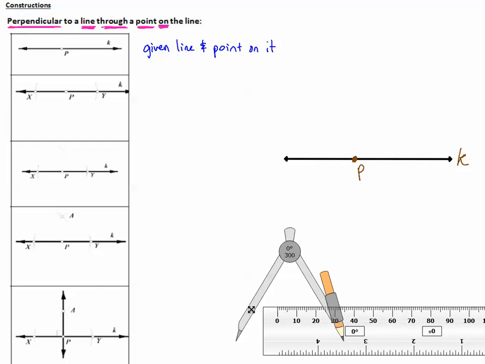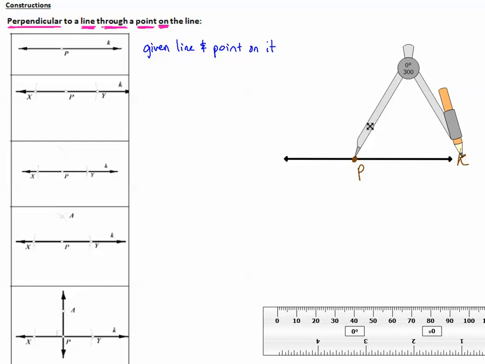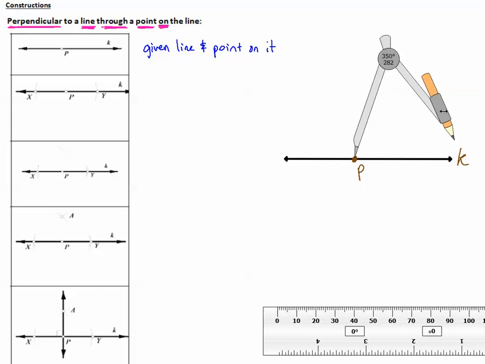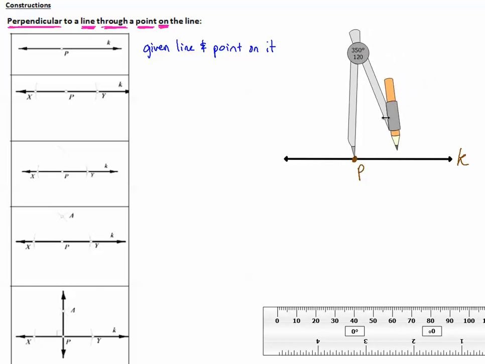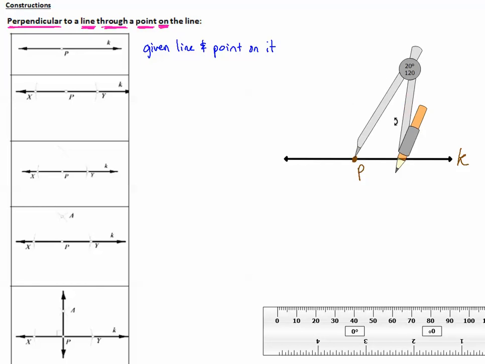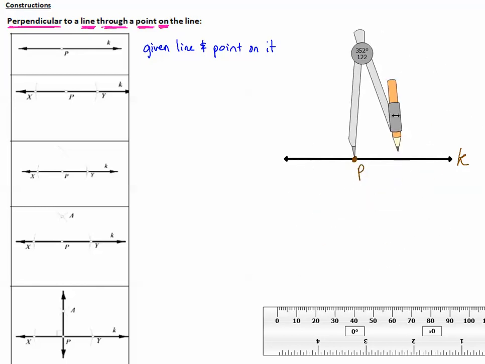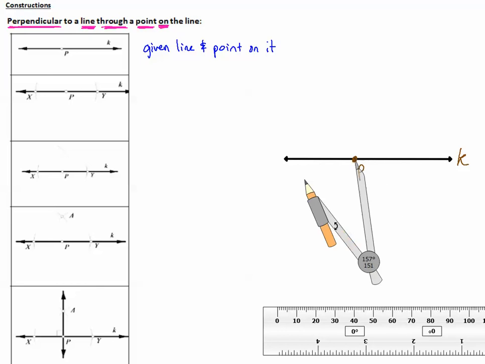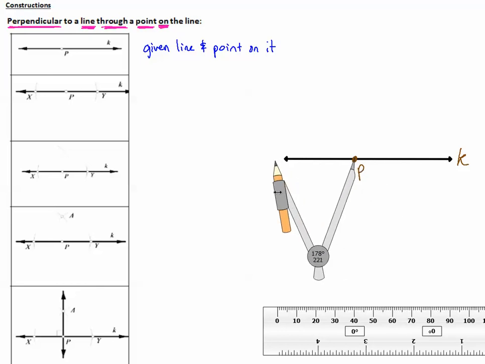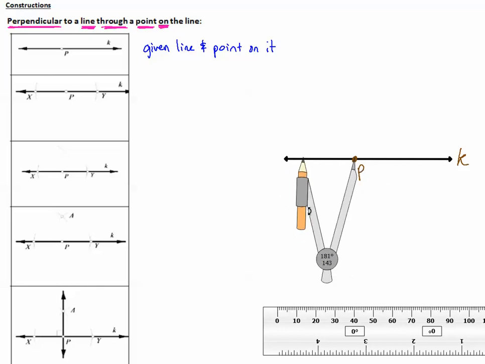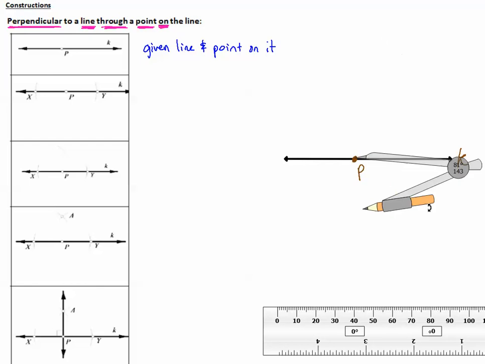First thing to do is create a segment from that line. So we put the center of our compass on that point that we said it had to go through, and we're going to shorten our compass so that we can create a segment from this line. So I'm measuring to make sure, without drawing, that my compass is open wide enough, not too wide, but wide enough that it's going to draw and mark off a segment of my line.